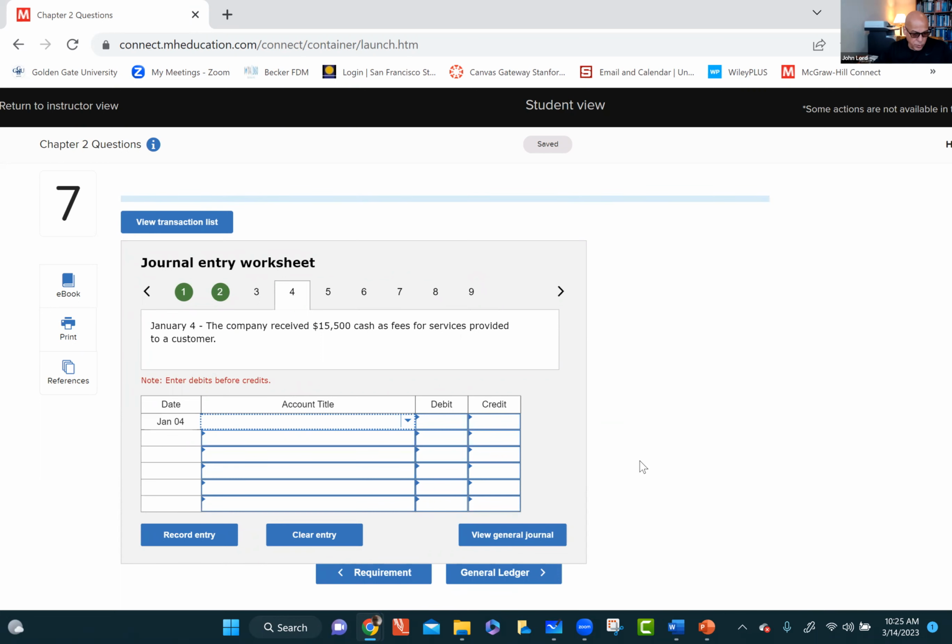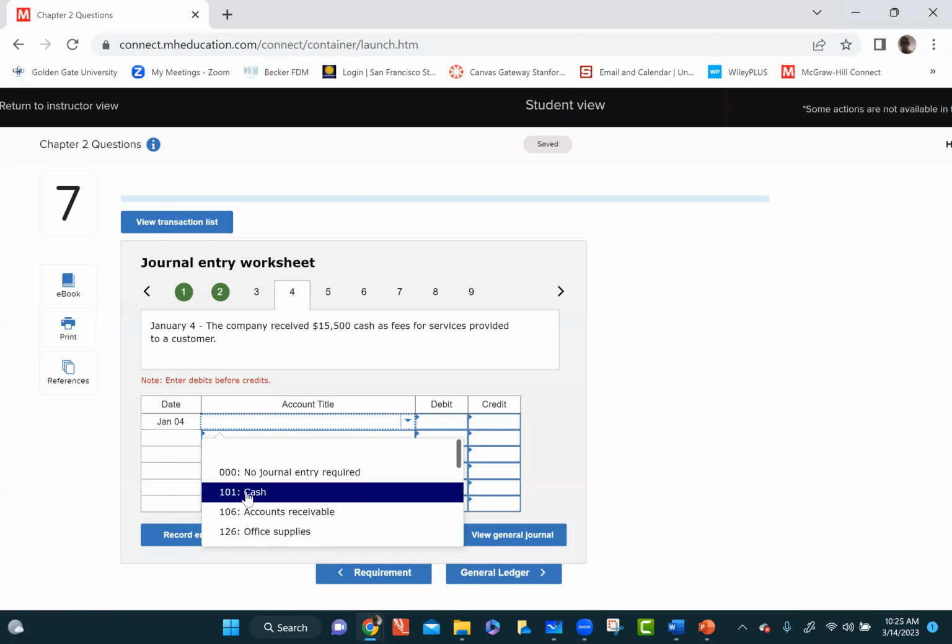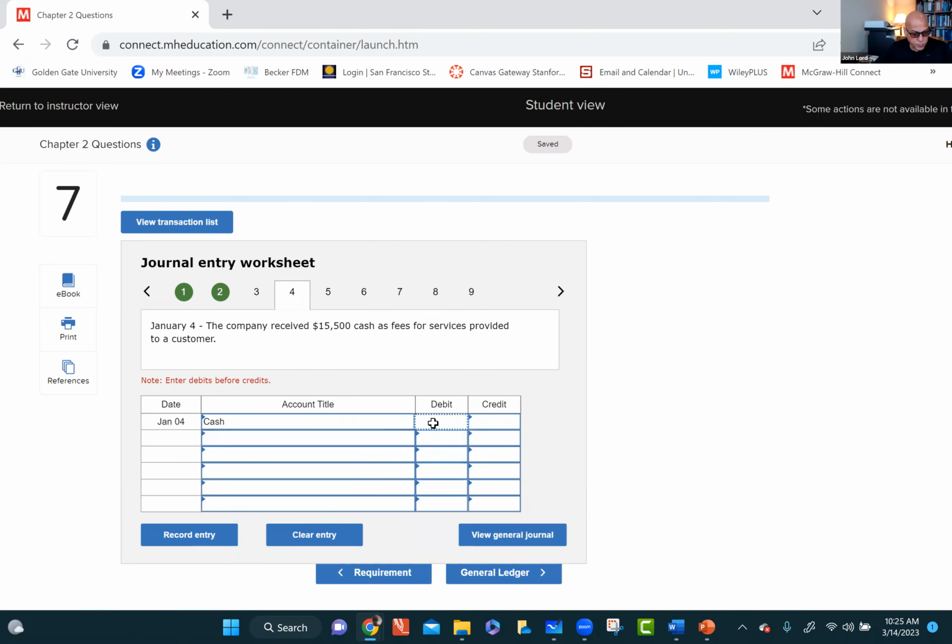Okay, good. What do you want me to do here now? If I receive cash, debit cash. Debit cash, good. 15,500. Excellent. Okay. What do you want me to credit if they provided service?